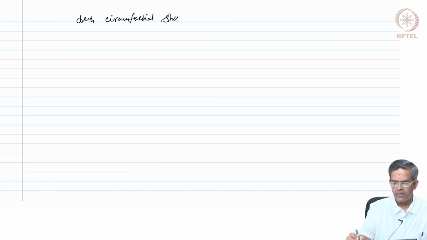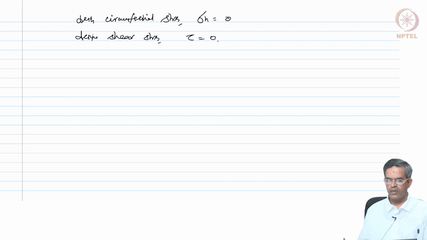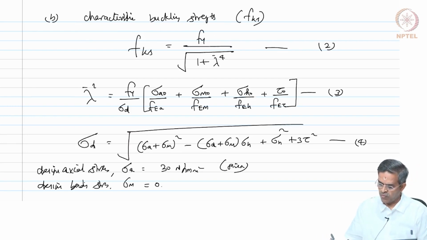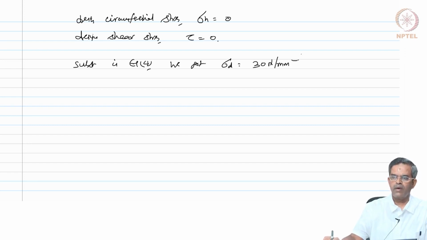The design circumferential hoop stress, sigma H, is also 0 in our problem. The design shear stress, tau, is also set to 0. Now I substitute this in equation 4, and we get sigma D as 30 megapascal.